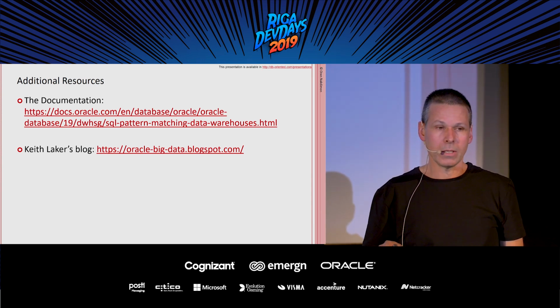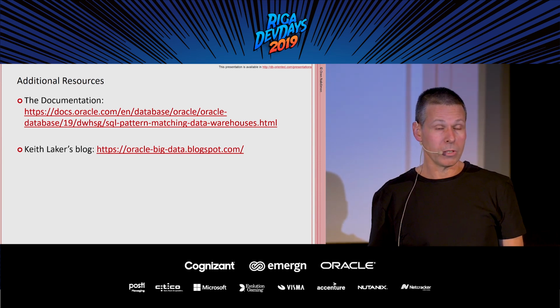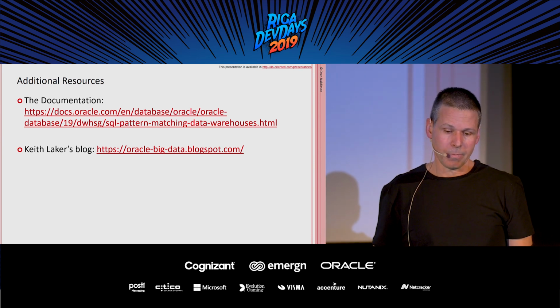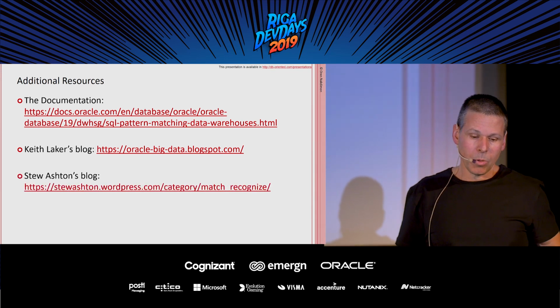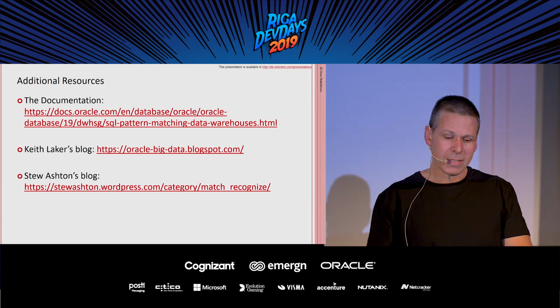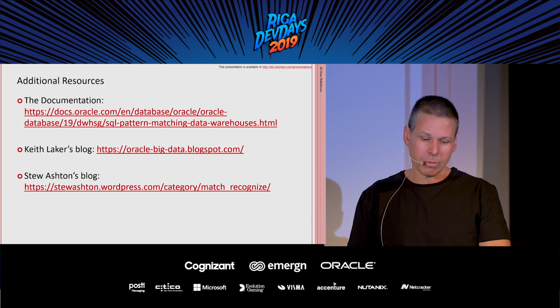And he has a really good blog that talks not only about pattern matching, but there are many good posts there. And another blog is of Stu Ashton, who investigated pattern matching very thoroughly and wrote a lot about it.